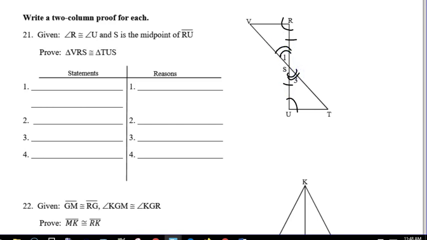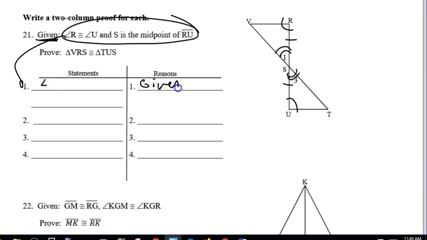Now we're ready to go. First off, the easiest part, you just copy this down here and write given, which is right here. So, angle R is congruent to angle U. S is the midpoint of RU.